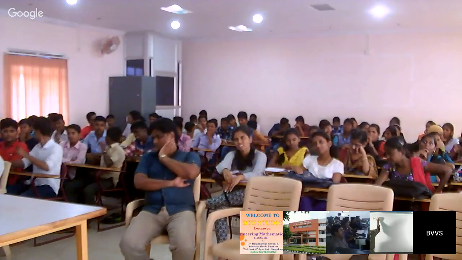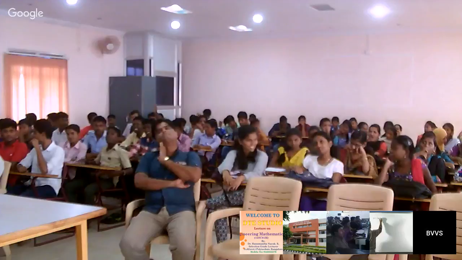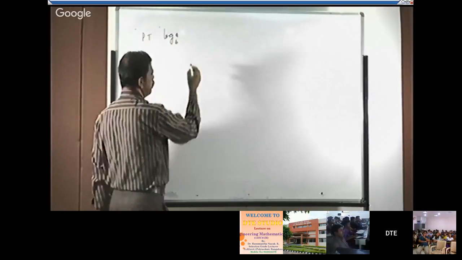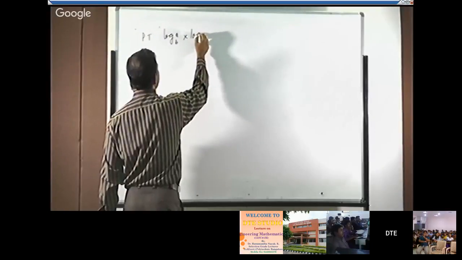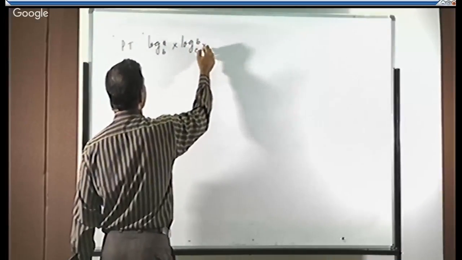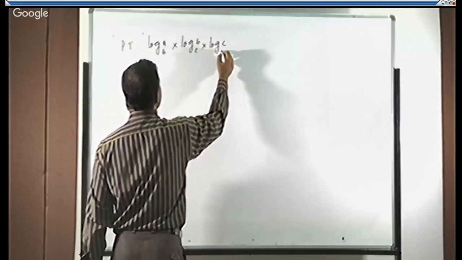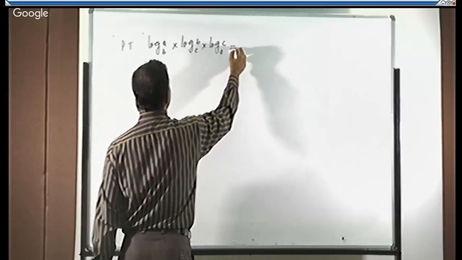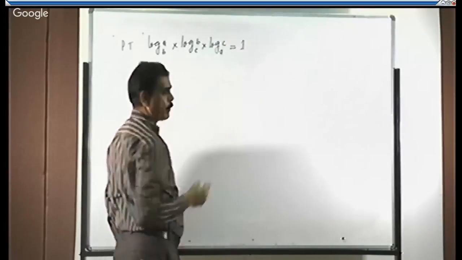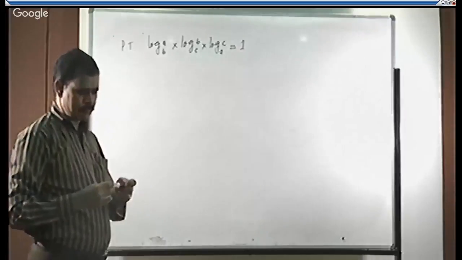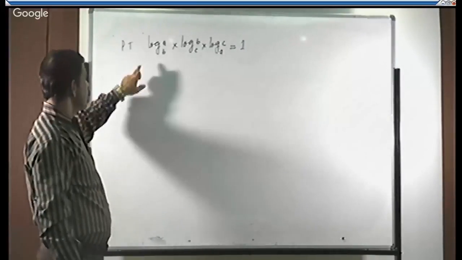Prove that log of a to the base b into log of b to the base c into log of c to the base a is equal to 1. So what is the left hand side?